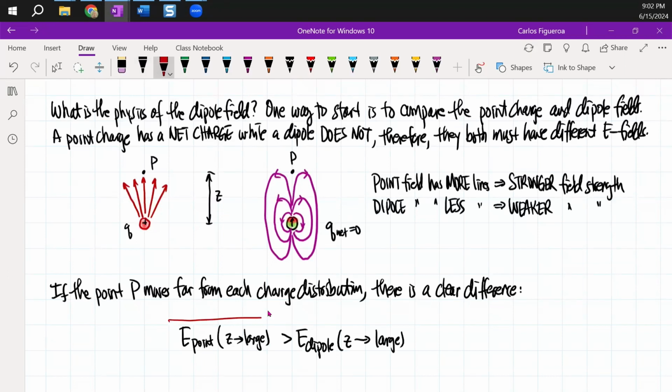This turns out to be a very important observation because now we are building intuition.